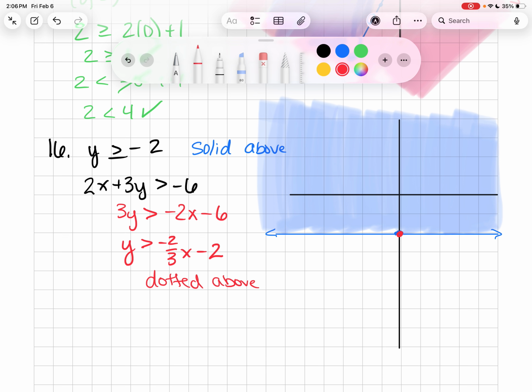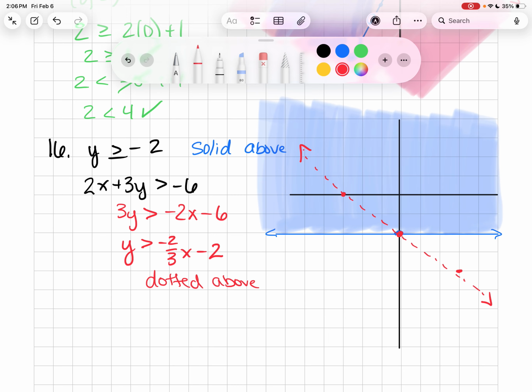All right. So, slope is -2/3. That means I go down 2, right 3, or up 2, back 3. It is dotted. So make sure.